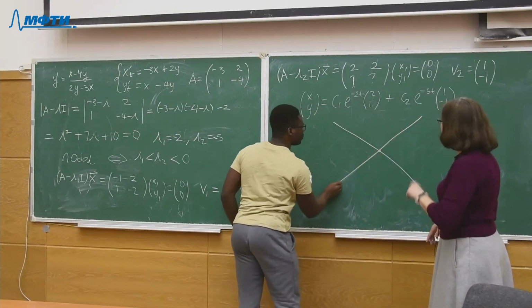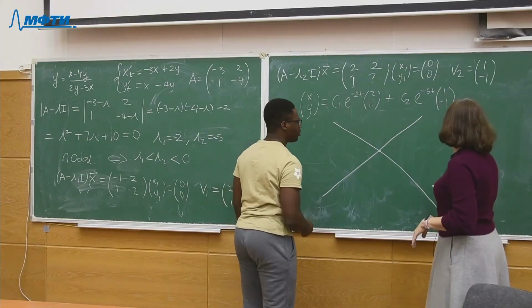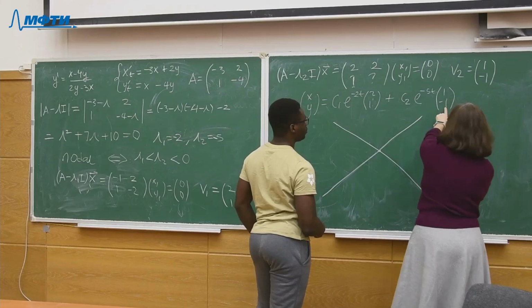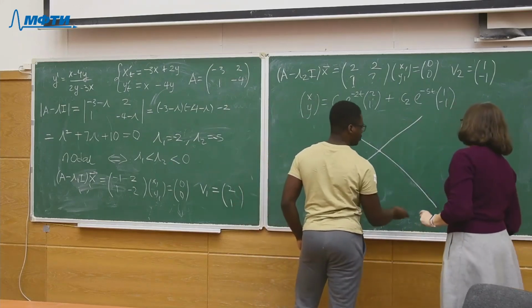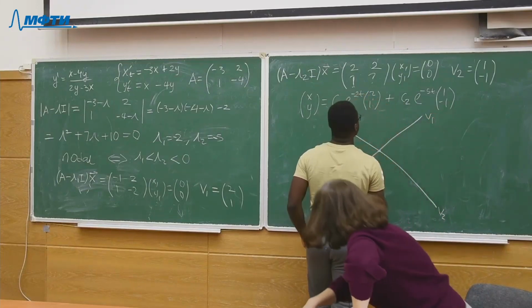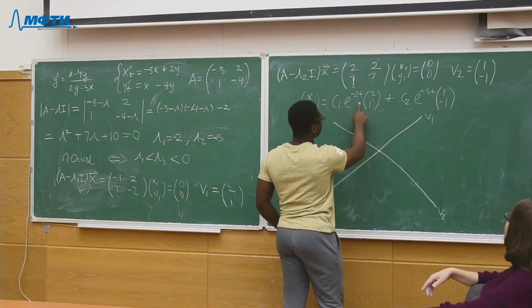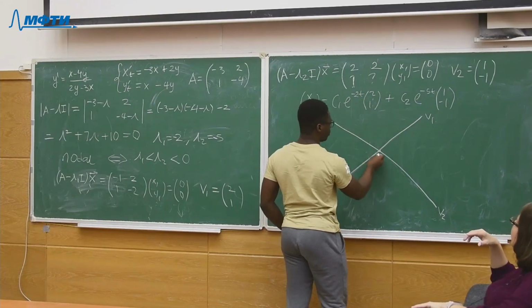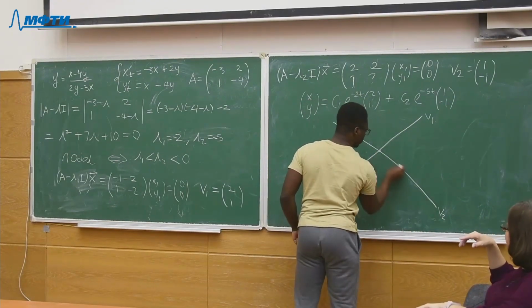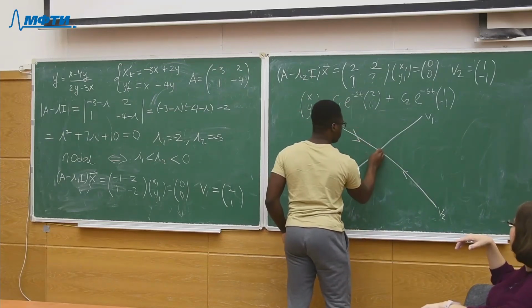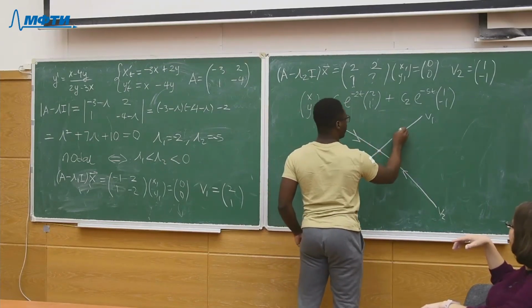This direction is determined by v2 and v1. Then the directions are minus and minus, toward the origin. Toward the origin, in this direction, correct.